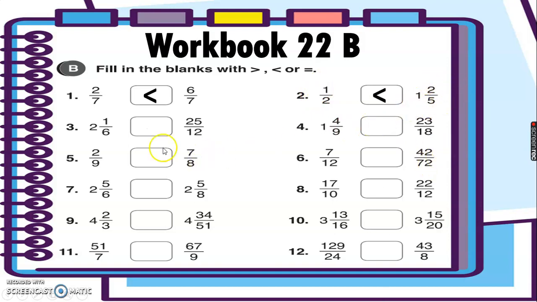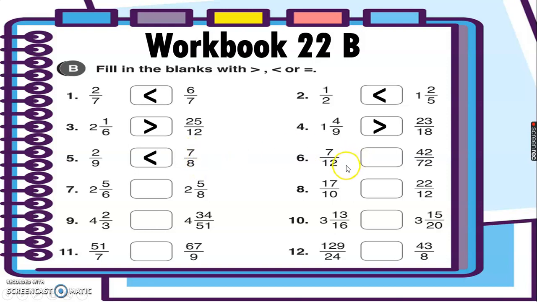Next, number 2, 1 half and 1 over 2 and 5. Less than. Next, number 3, 2 and 1 over 6 compared to 25 over 12. Greater than. Next, 1 and 4 over 9 and 23 over 18. Greater than. Next, number 5, 2 over 9 and 7 over 8.